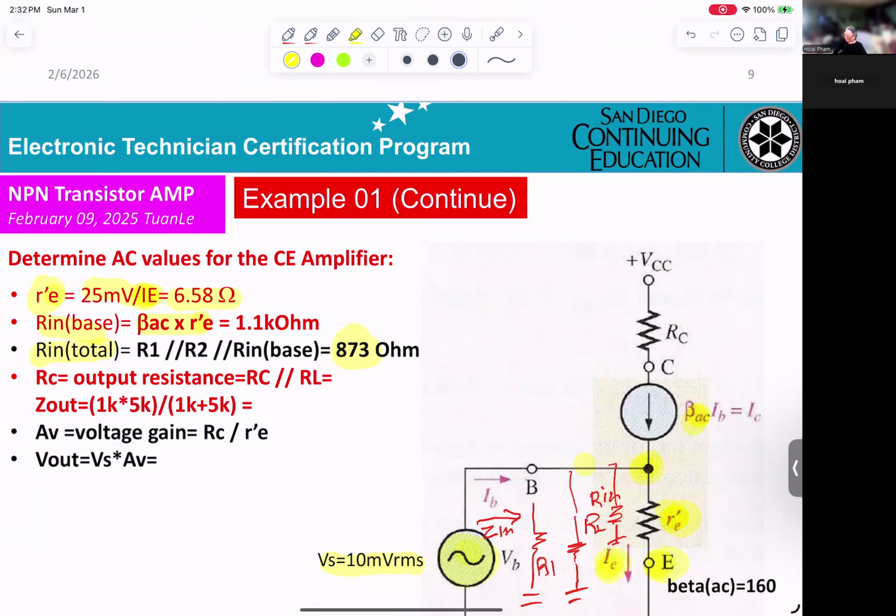AV, that means we need to calculate the gain AV. The voltage gain equals RC divided by R prime E. And also, if you want to calculate the V out, it will be equal to VS times gain AV.